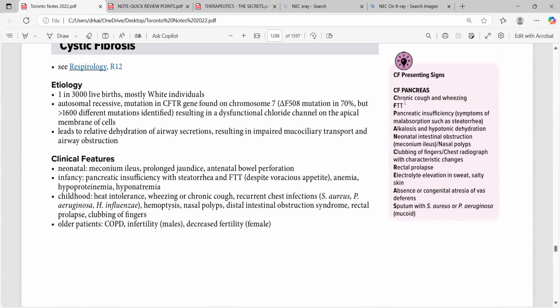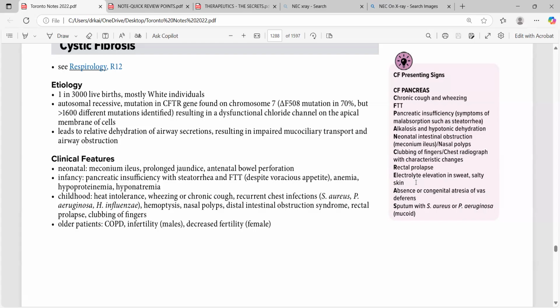Then cystic fibrosis, you can read the slides. I don't usually go into much detail on this one. It's mainly what is linked with which thing. The main thing that can be asked is hyponatremia. They can give you a hypotonic baby with pancreatic insufficiency and chronic failure to thrive symptoms, and then there is rectal prolapse. That's very common.